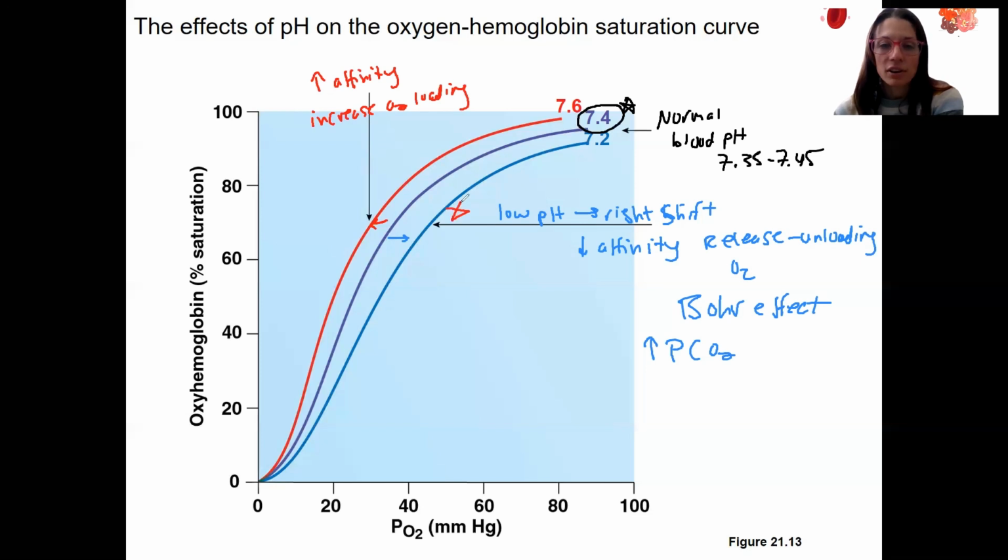This is very relevant for our exercising muscles, releasing more oxygen. This right shift, this is the Bohr effect. It can either be due to low pH or high PCO2.